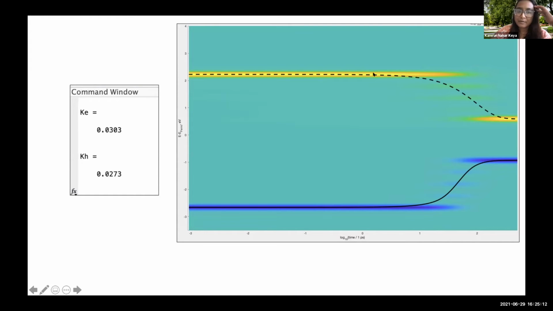When we are plotting those graphs, it shows that from LUMO +4, its energy is around 2.2.